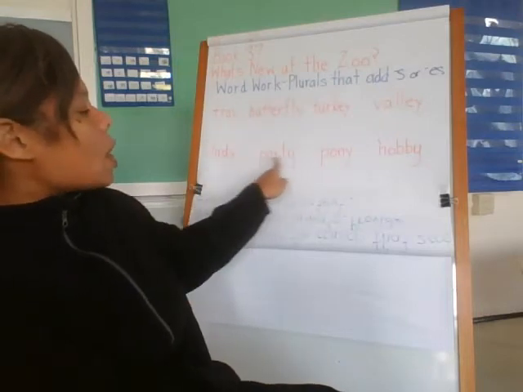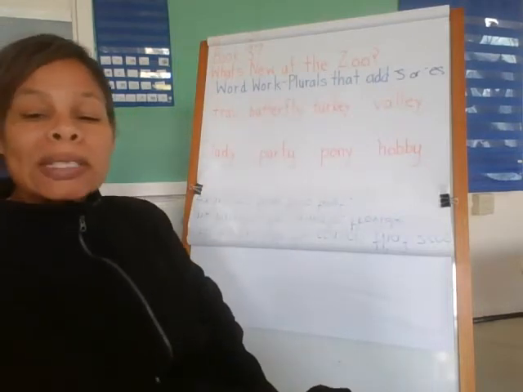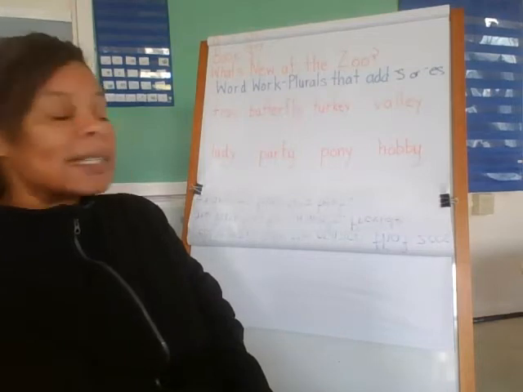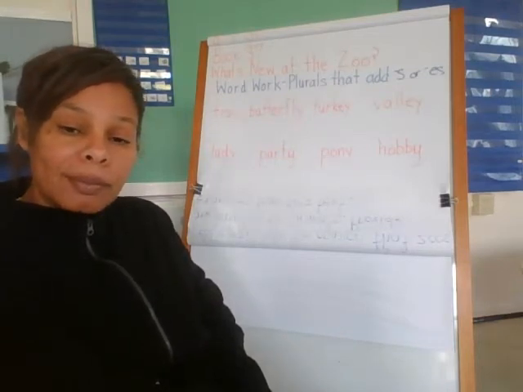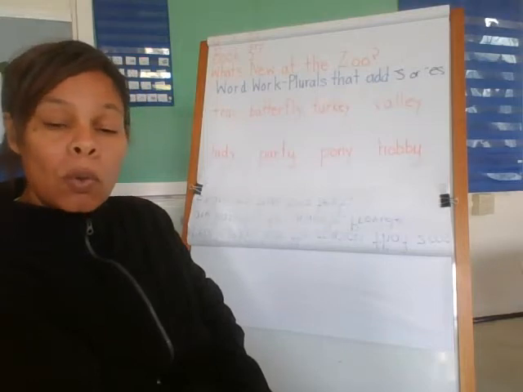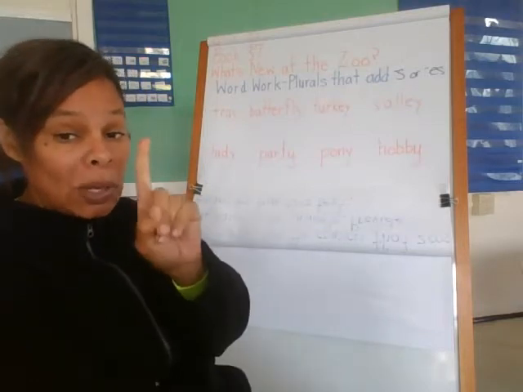8 words. So these words are all singular. If a word is singular, what does that mean? So I hope that you said a word that is singular means that it's only one.